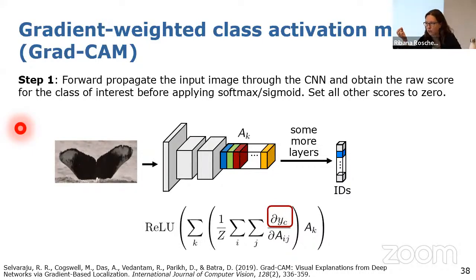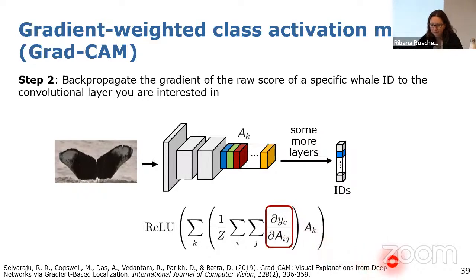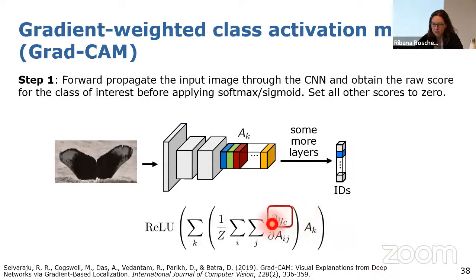So this is the logic. You don't do it afterwards, but before. And because you only want to know something about one class, you set all other scores to 0. This is here the y^c, this is the score.